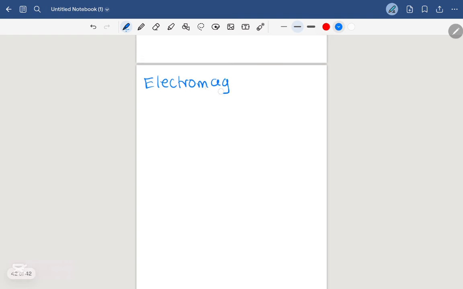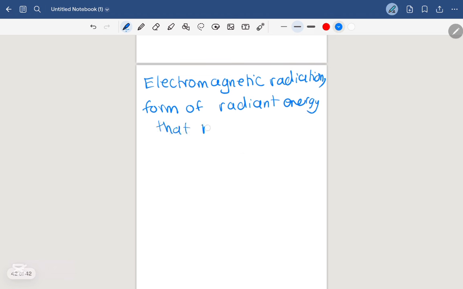Electromagnetic radiation. Electromagnetic radiation, very simply, is what? Is a form of radiant energy that has wave-like characteristics. Very simply, this is proving what?